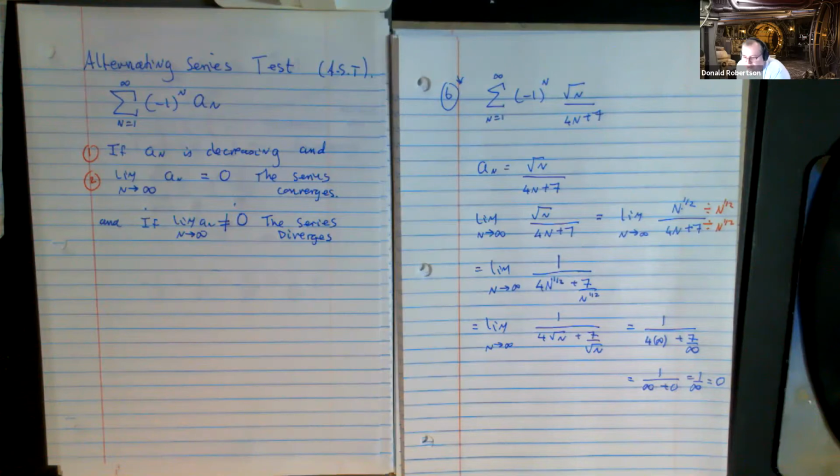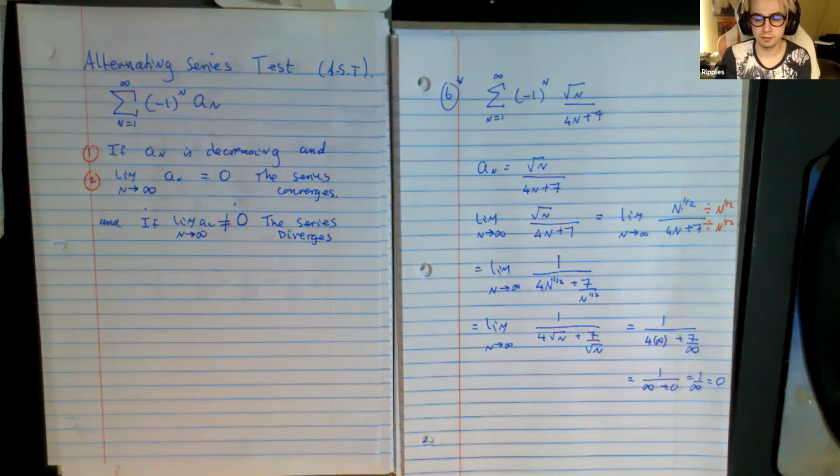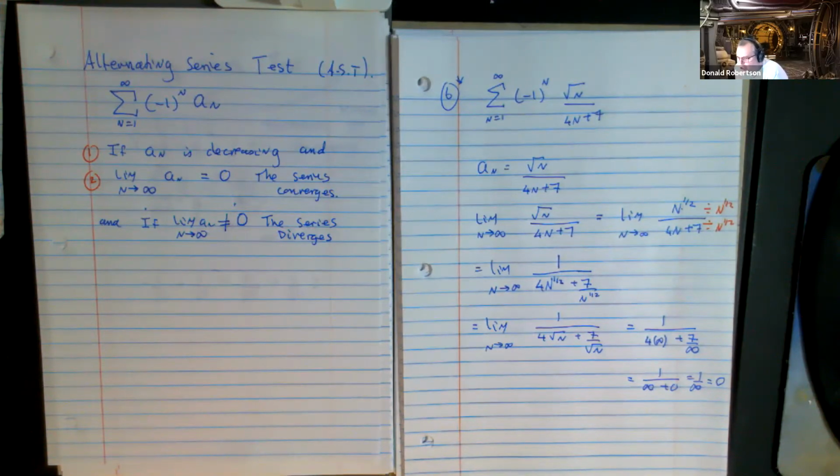Now, I said there's 2 ways to do that. Anybody got a guess at what the second method would have been? L'Hopital? It would be. It's ugly, but it would eventually work, right?